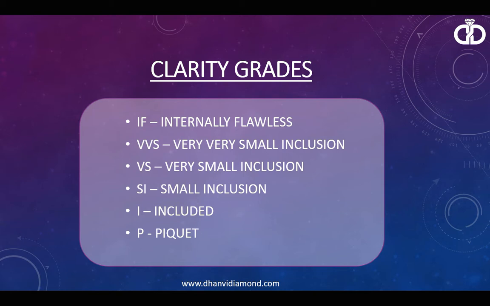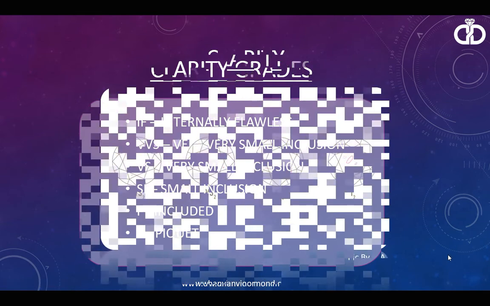IF, being the top grade, is further classified into different grades, but we're not talking about all of them in this video. You can go to my YouTube channel and see detailed videos on clarity, color, and cut. Please take a look at them.